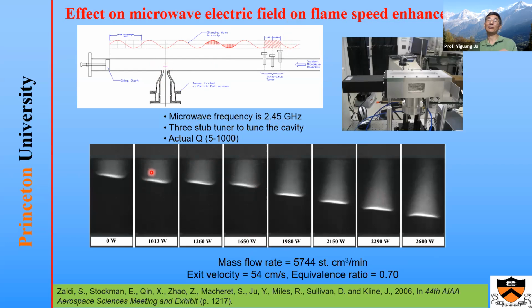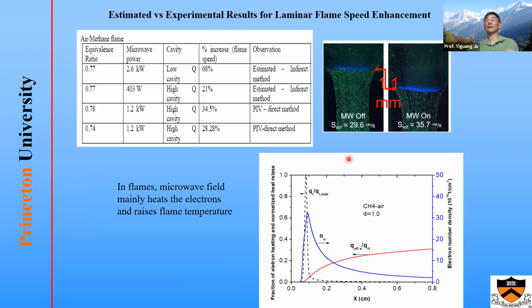You can see the flame front moving upstream due to the electric field of the microwave. There is no breakdown, so the mechanism is heating. With different equivalence ratios and kilowatts of microwave, you can enhance flame speed by 20 to 30%. It's not a big deal if you put this much energy into it.